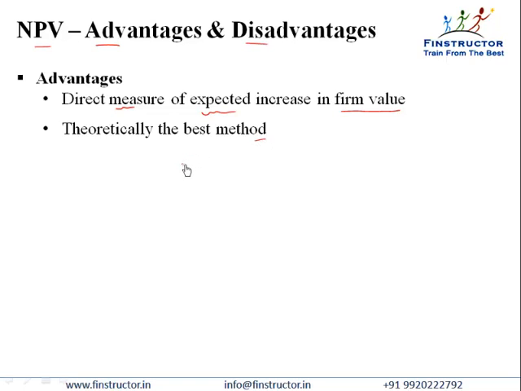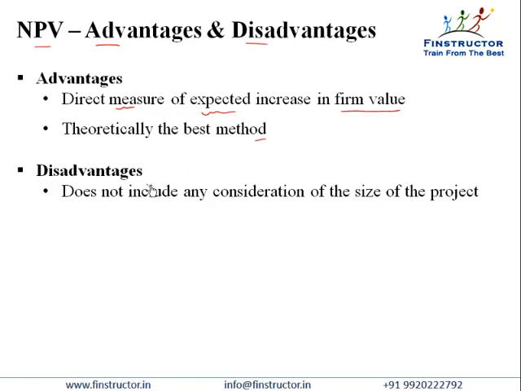On the flip side, however, NPV does not include any consideration of the size of the project. So let's assume that the NPV of a project A comes out to be $1 million. Now, it's a positive NPV, hence the project should be accepted.